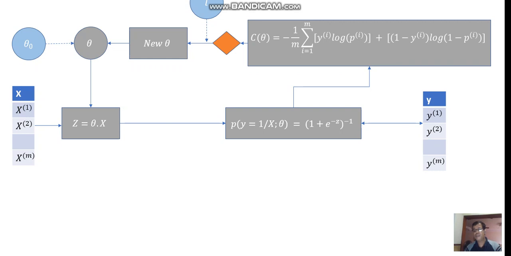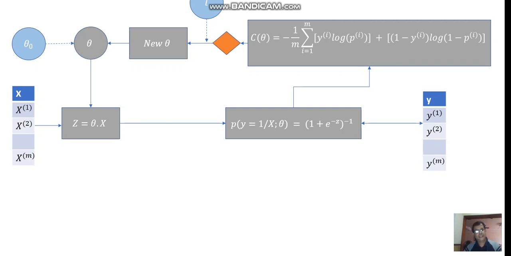If it is minimum, the current value of theta is the right value for the predictive model. If it is not minimum, then based on the learning rate we give, we calculate the new theta, and this cycle keeps going till we get the minimum value of the cost function. In other words, till we minimize the loss of the predictive model.